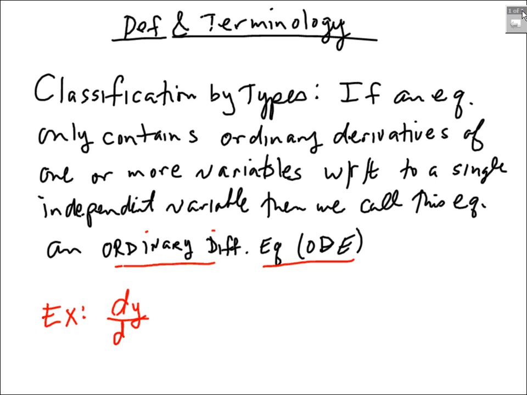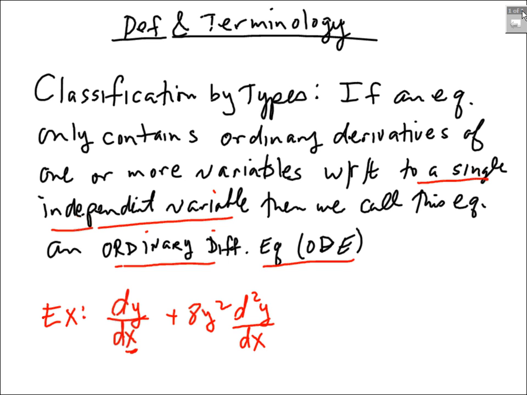An ordinary derivative with respect to a single independent variable, x, plus 8y squared d squared y dx squared is equal to 7e to the x.